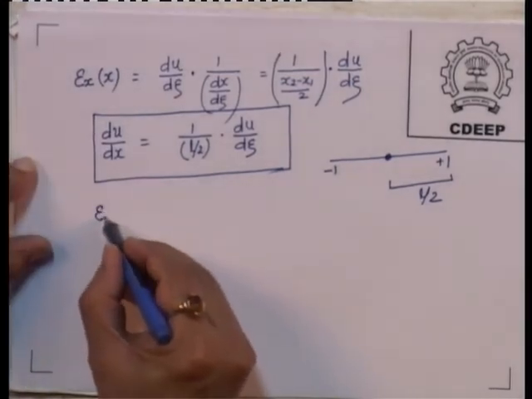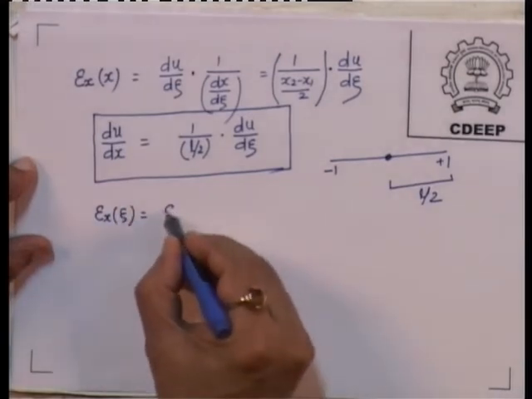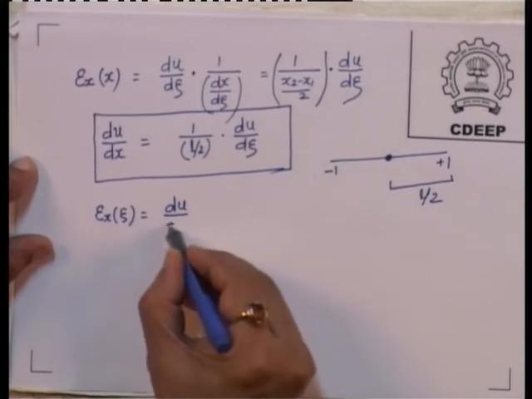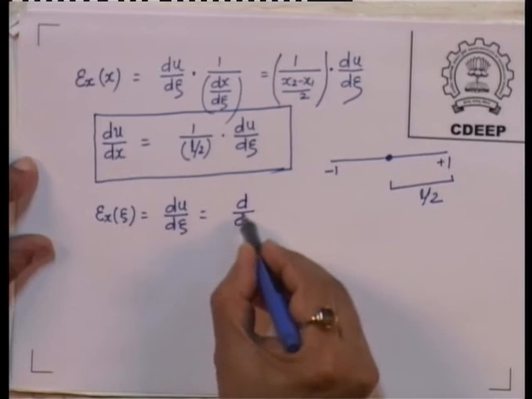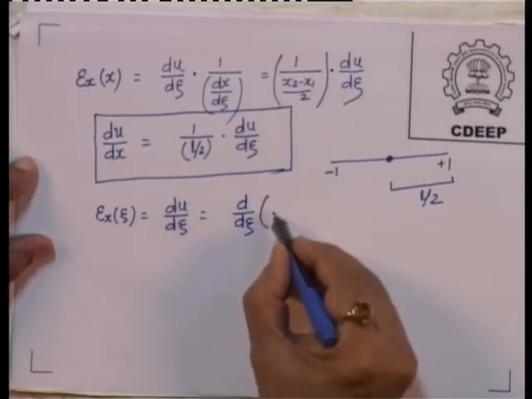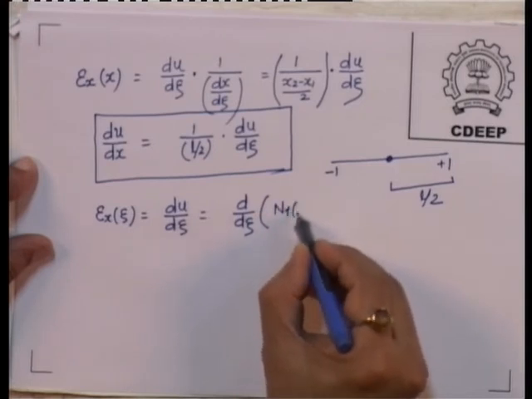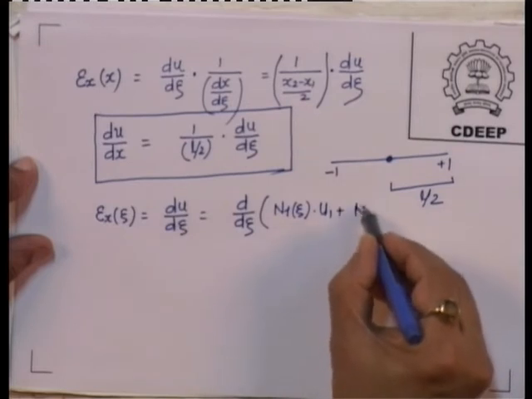How should we go about it? Strain in psi is du by d psi, or d upon d psi. I cannot help myself.